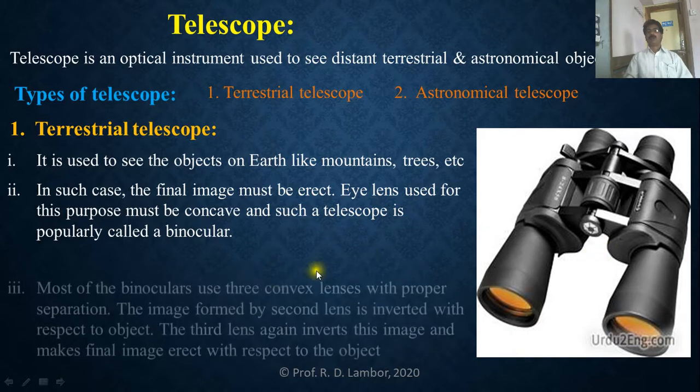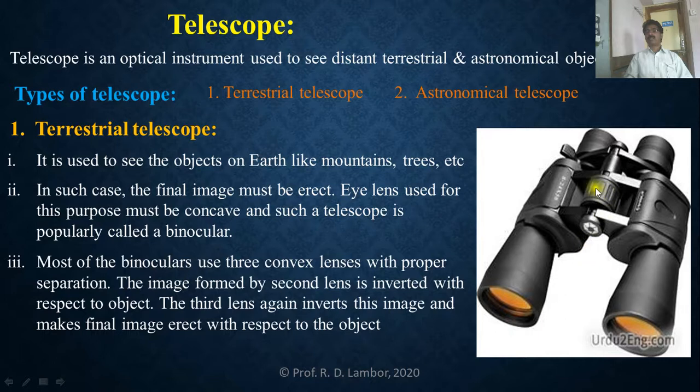Now most of the binoculars, you can see the photograph of binocular here. Most of the binoculars use 3 convex lenses with proper separation between them. So in market, most of the binoculars which are available are using 3 convex lenses instead of using eye lens as concave lens.